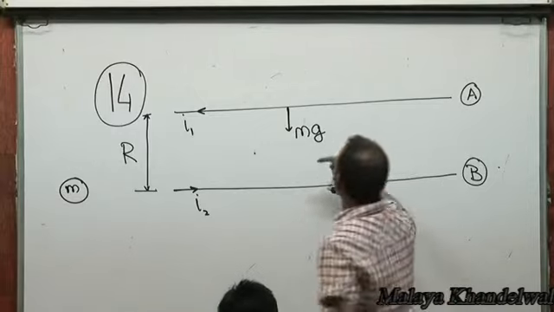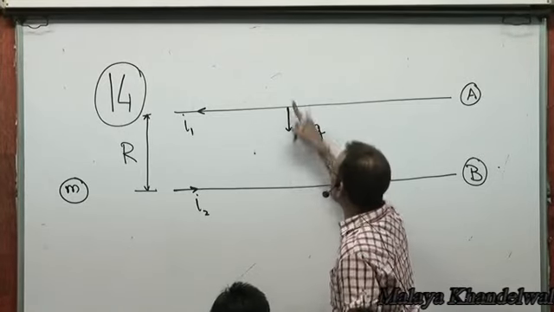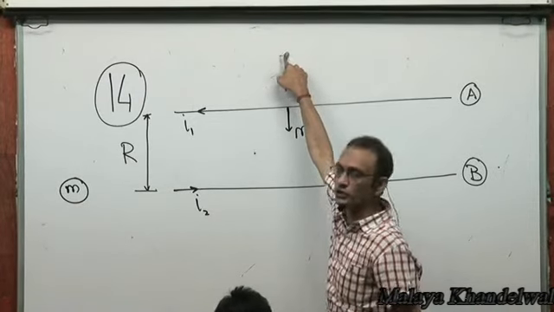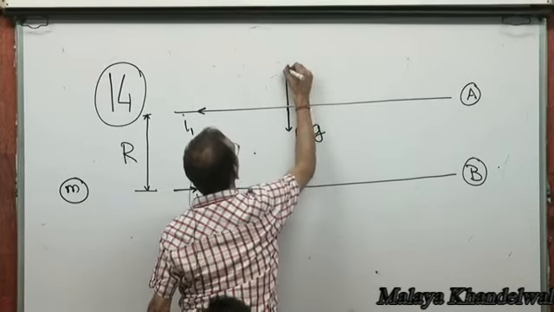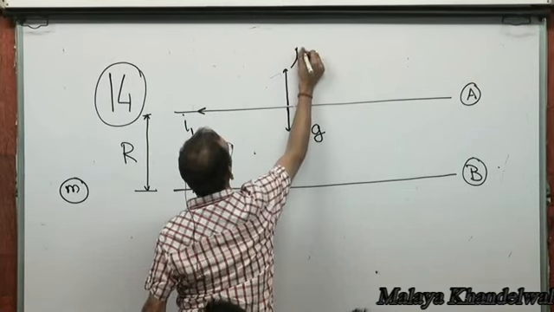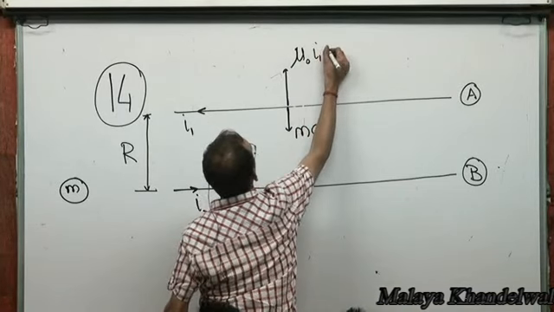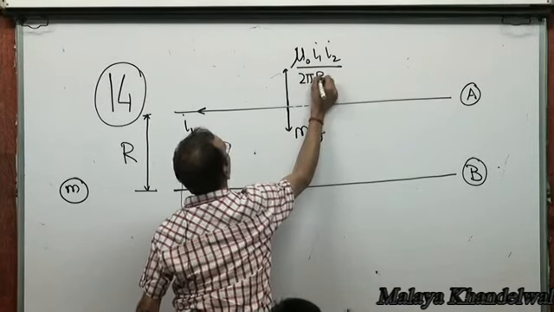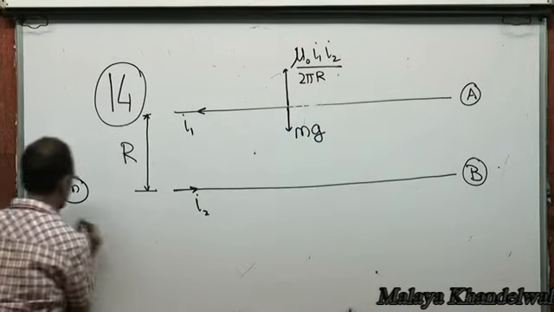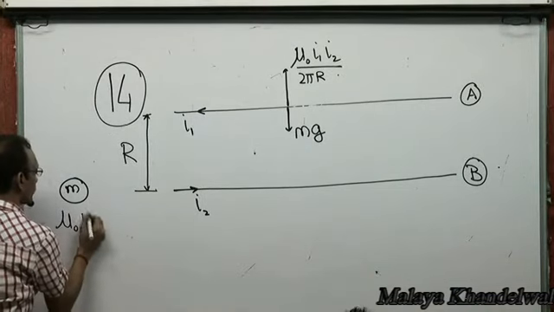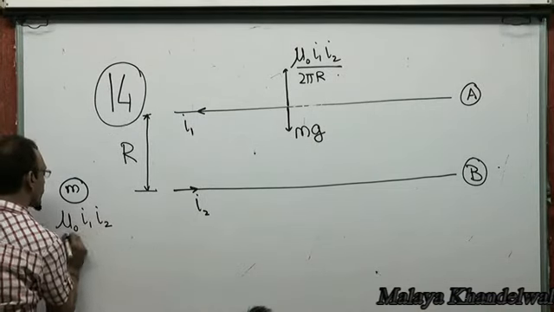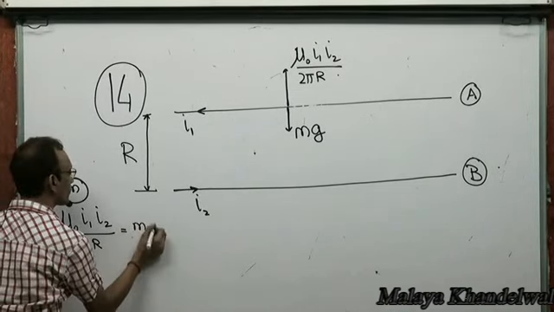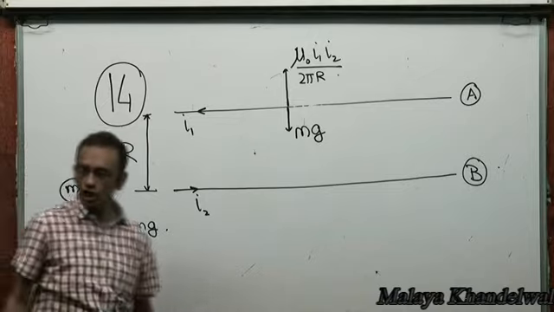So that the weight per unit length balances the magnetic force per unit length between the two. Now in this case, this is mu naught I1 I2 divided by 2 pi r, which must be equal to mg, right? That's for sure.